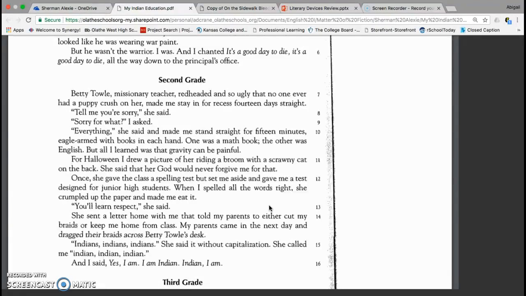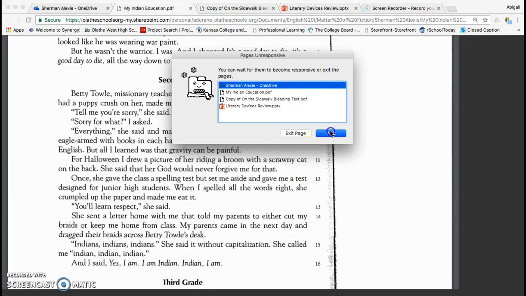But all I learned was that gravity can be painful. For Halloween I drew a picture of her riding a broom with a scrawny cat on the back. She said that her God would never forgive me for that. Once she gave the class a spelling test, but set me aside and gave me a test designed for junior high students. When I spelled all the words right, she crumpled up the paper and made me eat it.